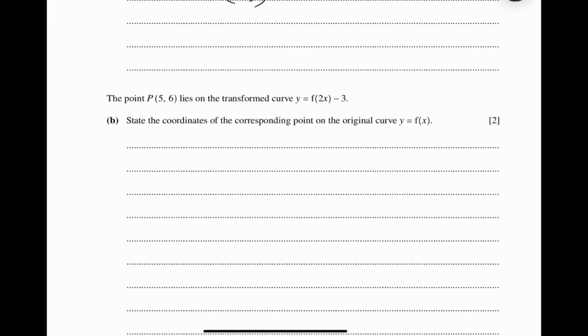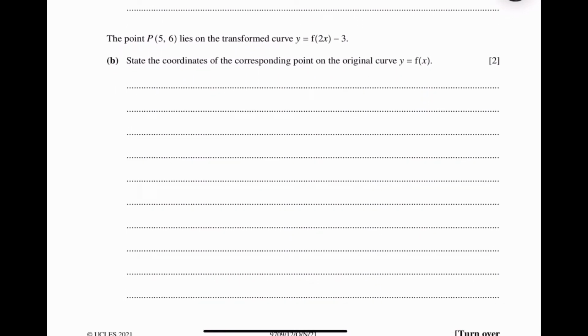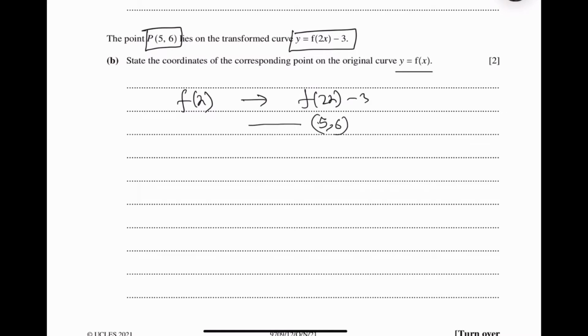Now let us check question B. The point P (5, 6) lies on the transformed graph. Be careful, this part is dependent on this one. So we are going to find y equals f(x). That means f(x) is transformed to f(2x) minus 3, and (5, 6) is the answer for this one. Now we need to go back and find f(x), that means we need to do the reverse procedure.